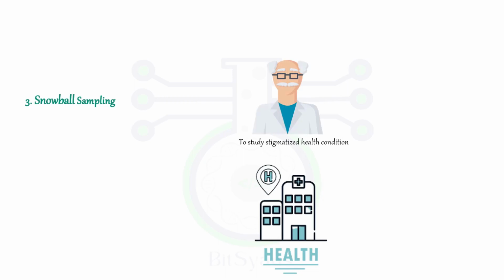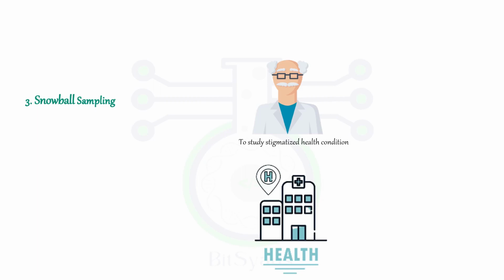Snowball sampling. This type of non-random sampling involves selecting individuals who are known to or referred by individuals already included in the study. Snowball sampling is often used in studies of hard-to-reach or marginalized populations, but it may not be representative of the larger population. For example, studying a stigmatized health condition.